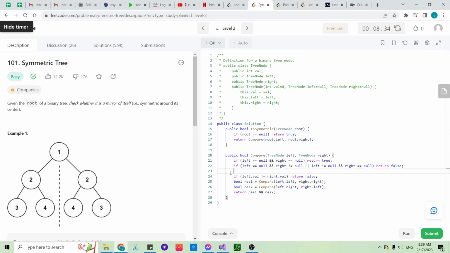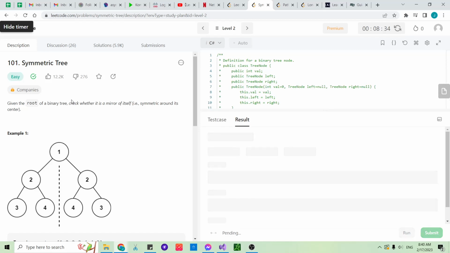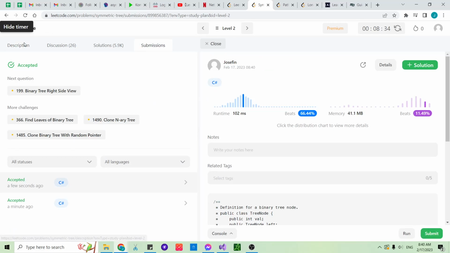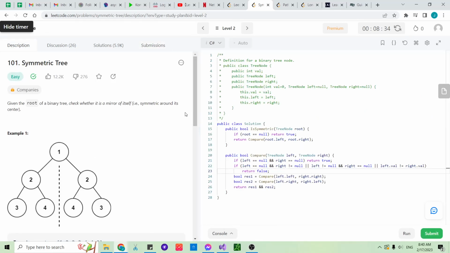Let's just refactor a little bit. Alright, so that's the recursive solution.